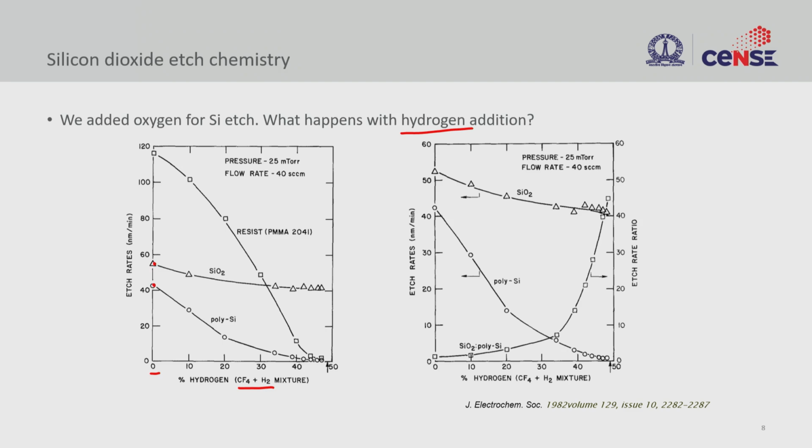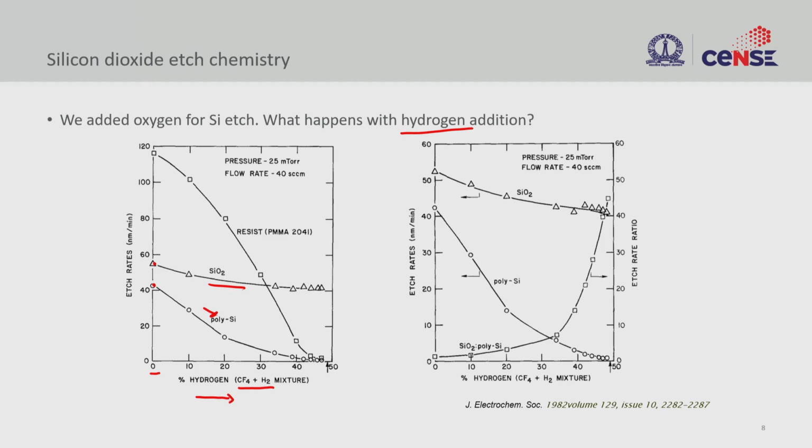They etch within a 5-10 nanometer per minute difference only. But then when you start adding hydrogen, you slowly see your polysilicon etch rate reduces tremendously, while your silicon dioxide etch rate only changes marginally.